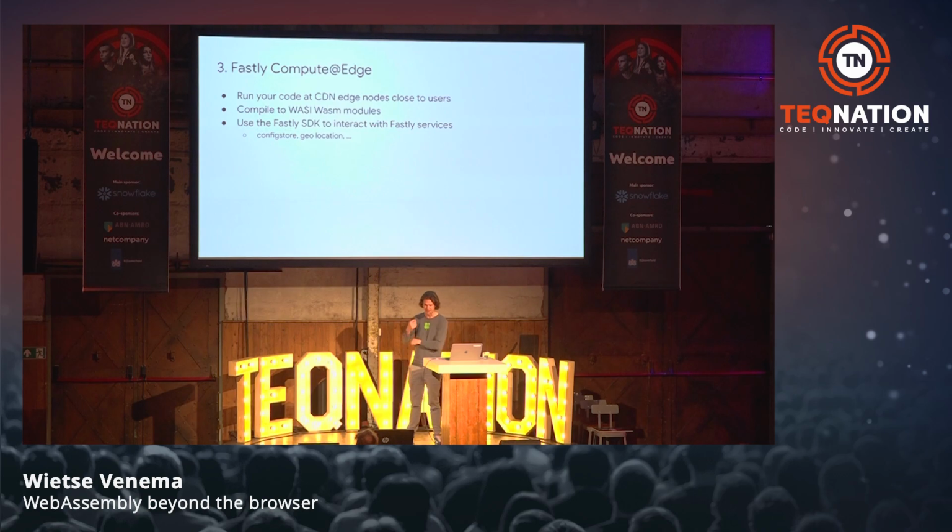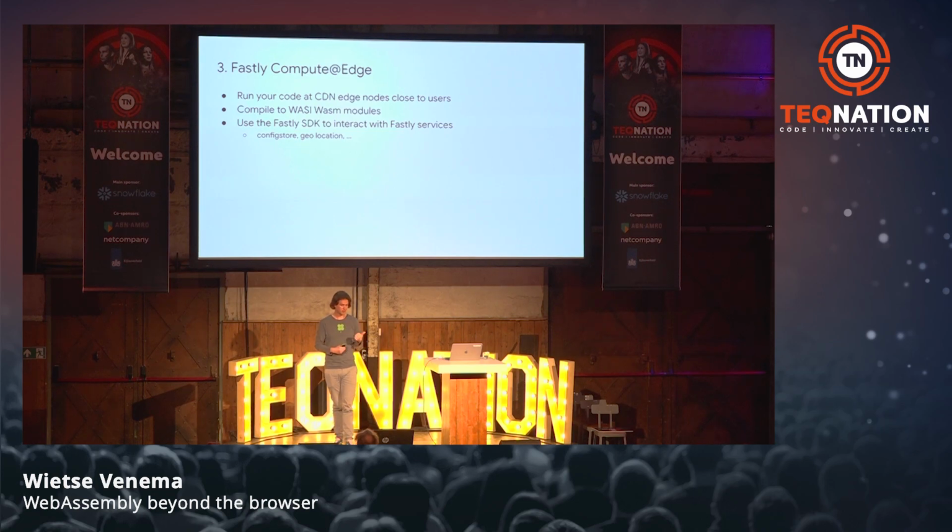Use case number 3 is Fastly. They have a Compute at Edge product. And Fastly is a CDN, a global content delivery network. So they have servers all around the world, probably very close to me, closer than my origin server. And they let you run Wasm modules at those edge nodes, very close to the user.